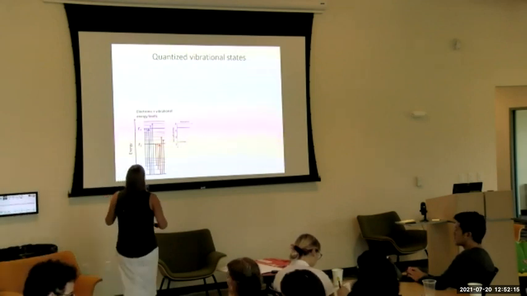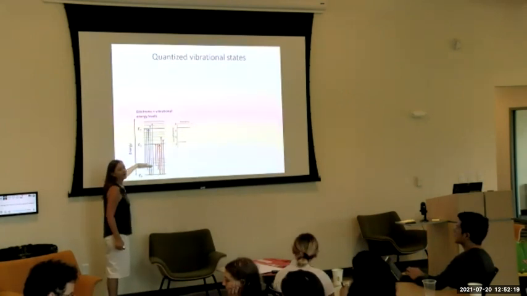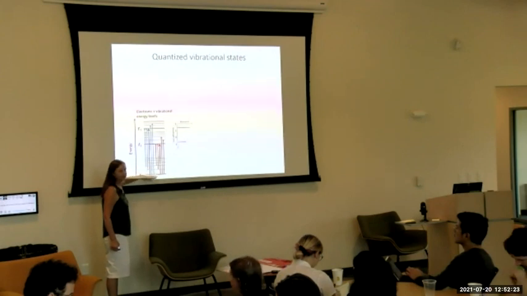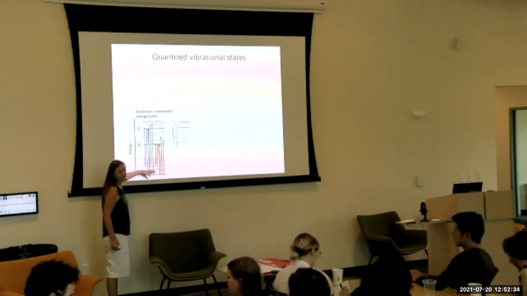Well, that means that within each electronic state, there are other quantized levels that the molecule can be at. It can be in its ground state, right? But if it has a little bit more vibrational energy, it could be up here, or here, or here.